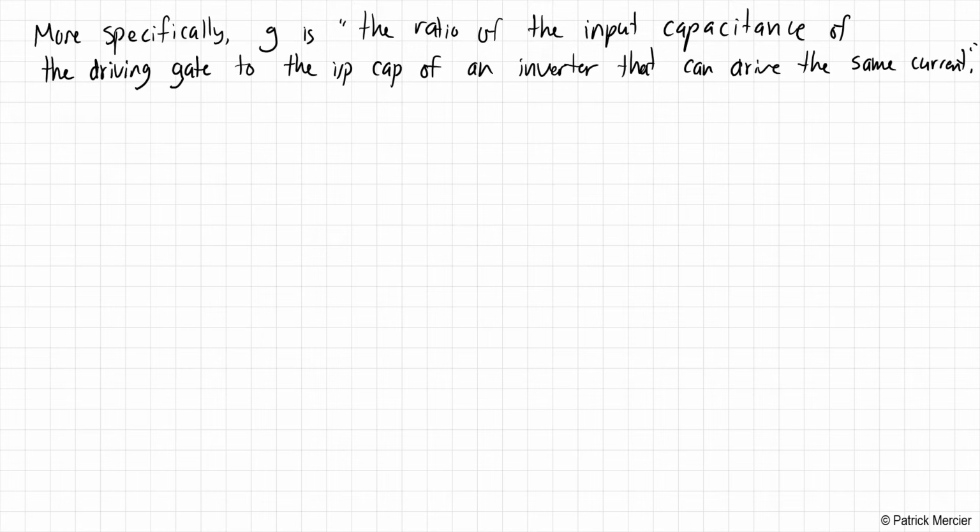So what does that mean? That means effectively it's the input capacitance of the driving gate compared to an inverter that effectively has the same R on, or in other words, can drive the same amount of current.